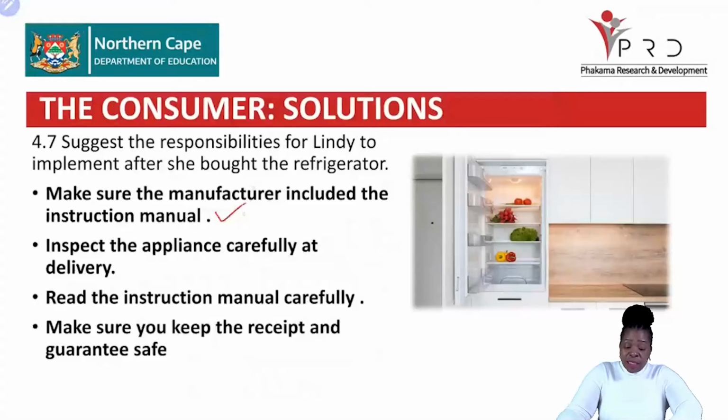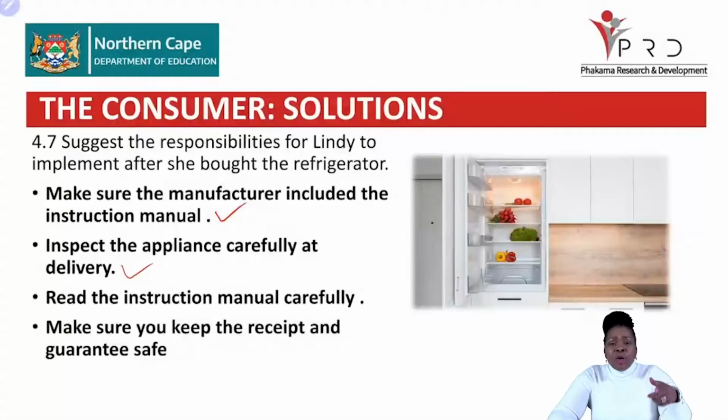And the next one says, inspect the appliance carefully at delivery, right? In case something happened along the way during delivery, then you should be able to see that, no, but this refrigerator has got a dent on it and I am not taking it. But once you complain after the delivery has been done, then they would say, it's you who dented the fridge.